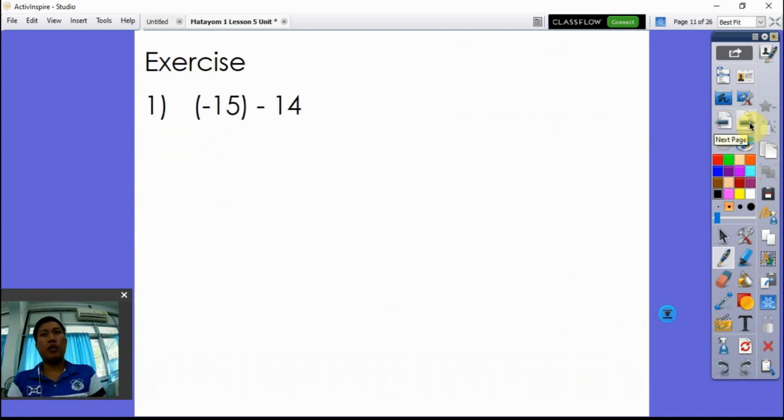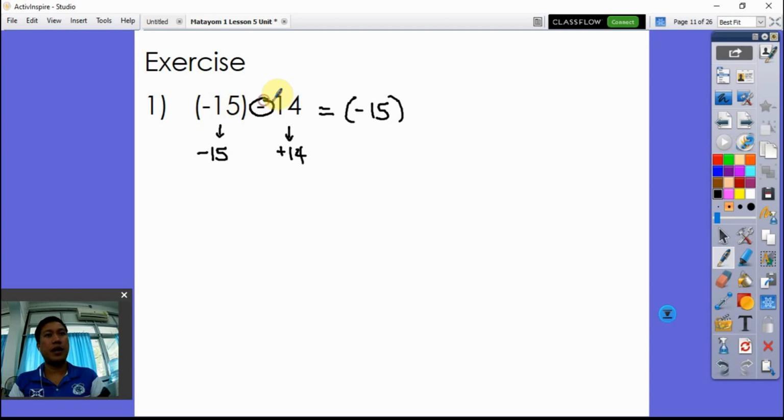Alright, so let's do our exercises. Okay, so if you remember, number 1, step 1, change minus into plus. Number 2, change the sign of the subtrahend. Okay, so we have negative 15 minus 14. The sign of negative 15 is negative. The sign of 14 is positive. Okay, now copy the first number, negative 15.